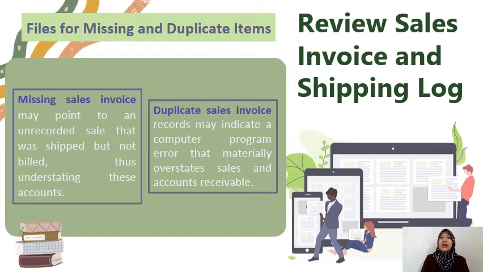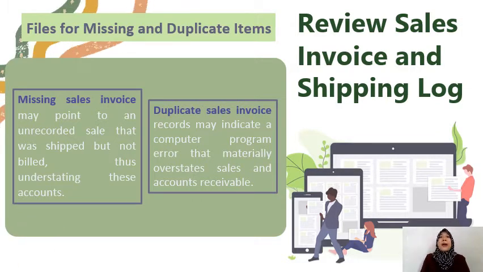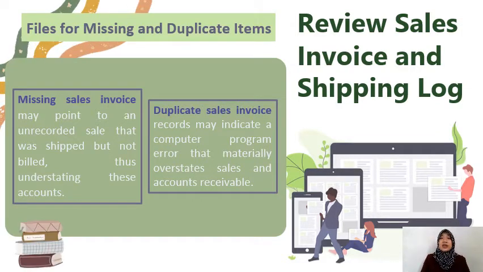Furthermore, we will be discussing the missing sales invoice and duplicated sales invoice. Searching for missing or duplicated transactions is another important test that helps the auditor support the completeness and accuracy assertion.